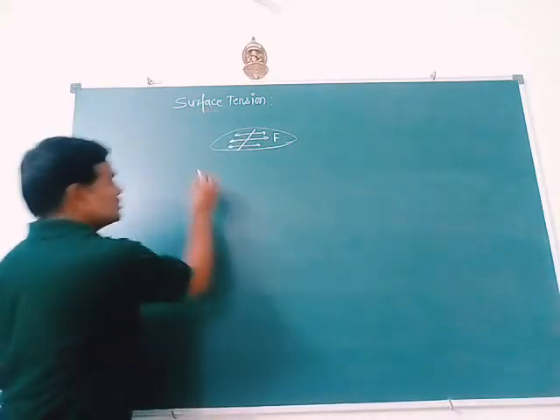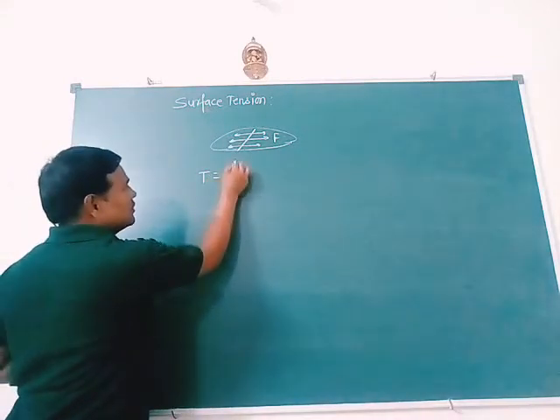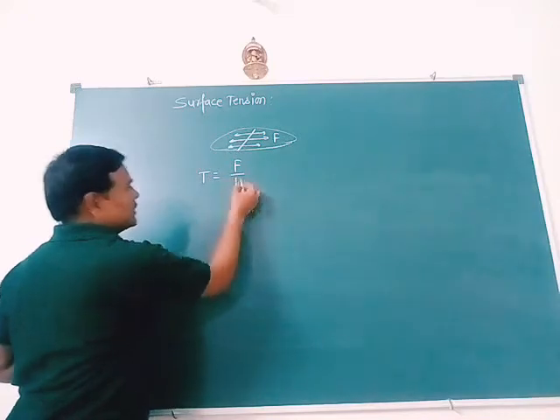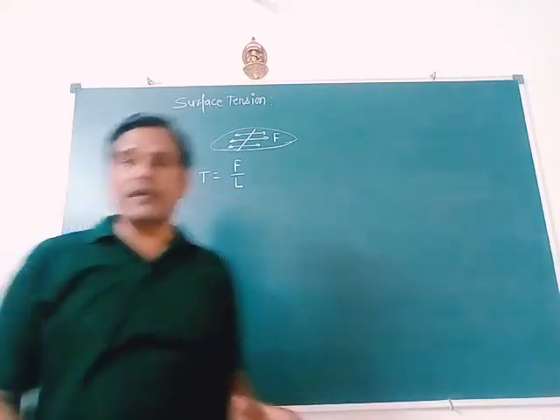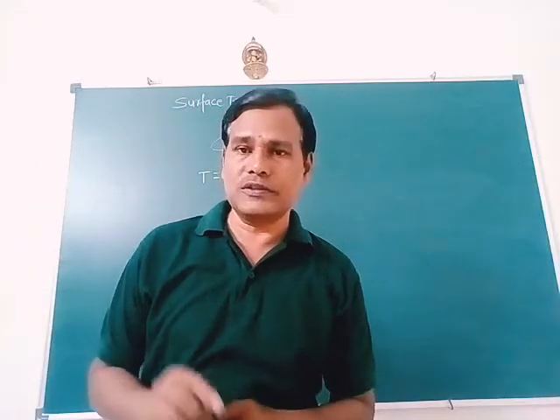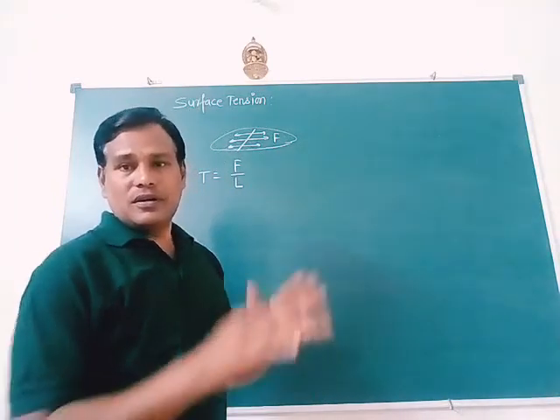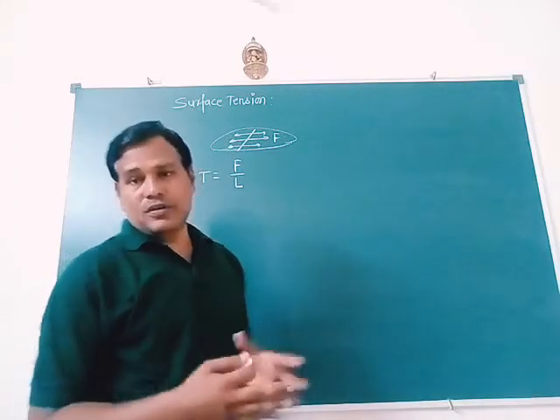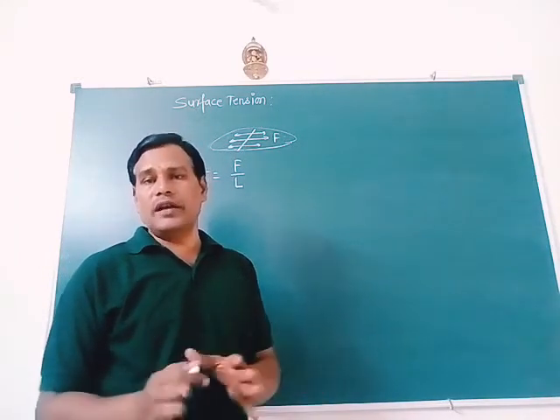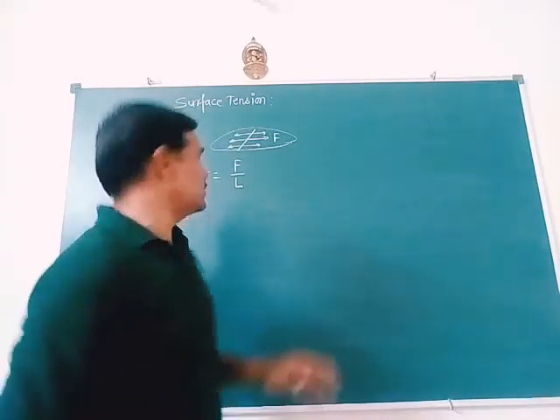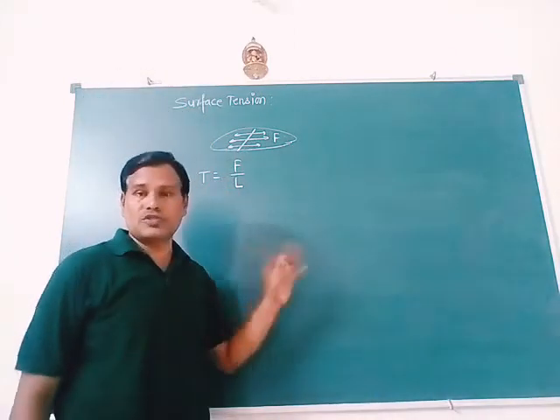So surface tension can be written as capital T is equal to F by L, which is defined as the tangential force per unit length acting at either side of the imaginary line drawn in the free surface of liquid. It is called surface tension.